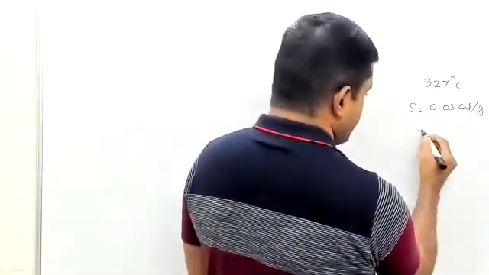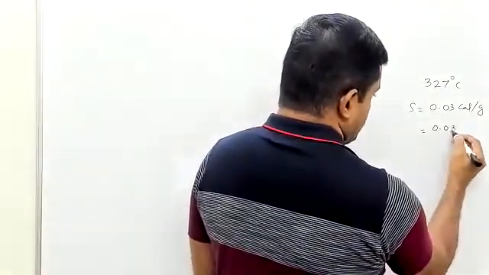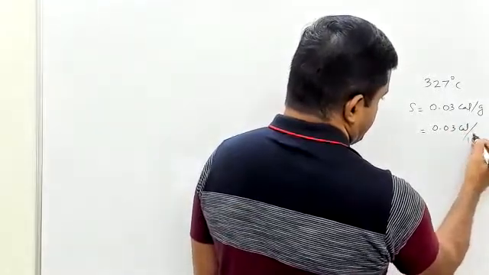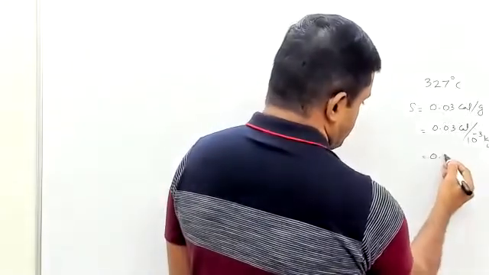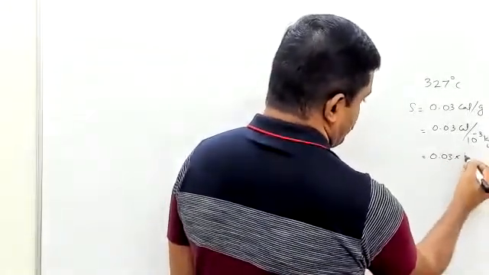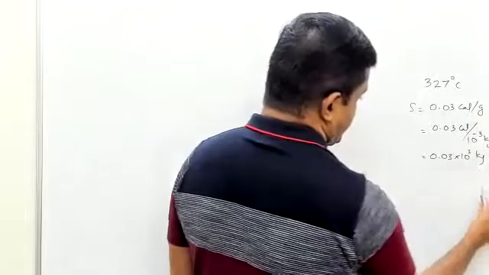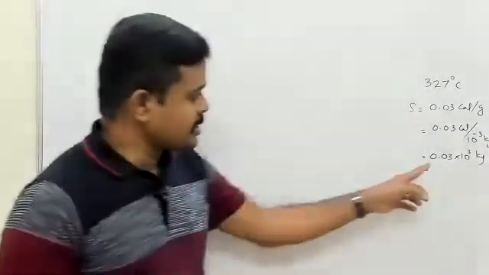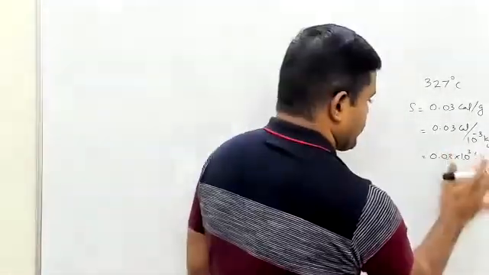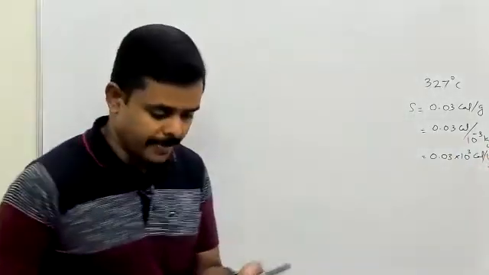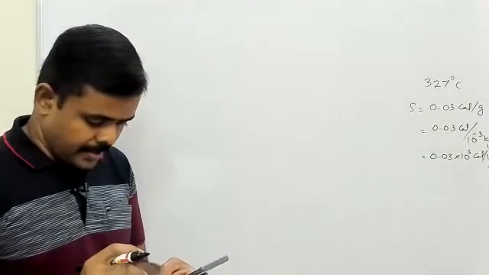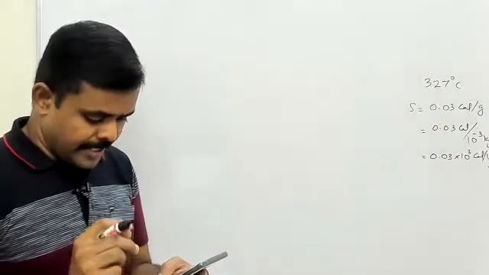Gram means 10 power minus 3 kilogram. So that makes it 0.03 into 10 power minus 3 goes to numerator to become 10 power plus 3. So this is still in calorie per kilogram, the specific heat capacity.